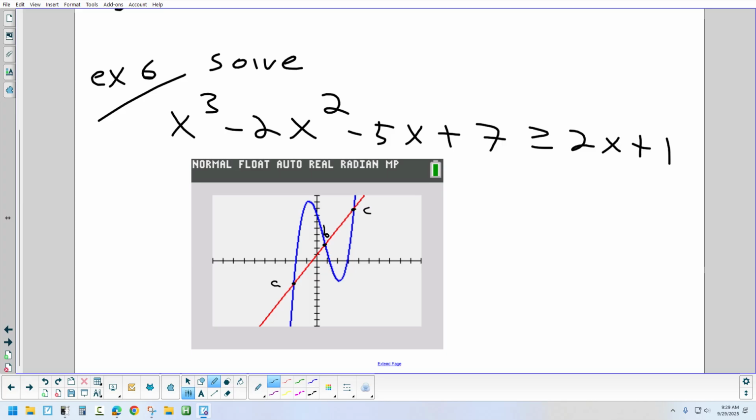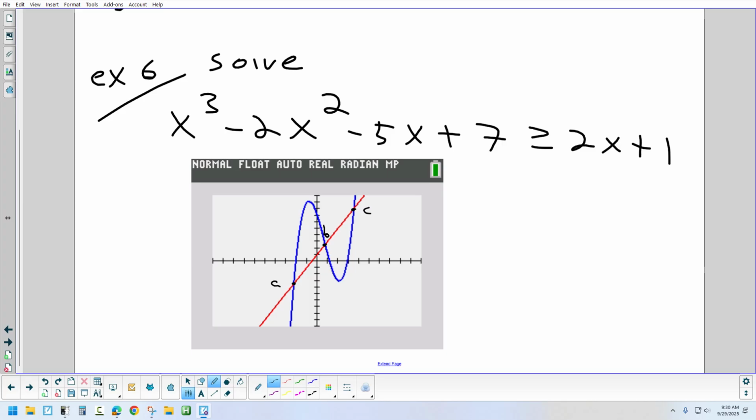Between A and B, I would agree the cubic is above the linear. Yep. I think there is somewhere else that the cubic goes above the linear too. After C. That's an unbounded interval, after C, never stopping. So yeah, there are two sections: between A and B and after C.